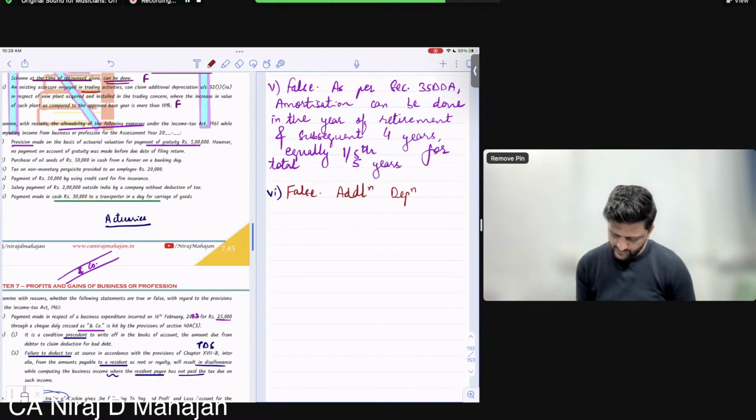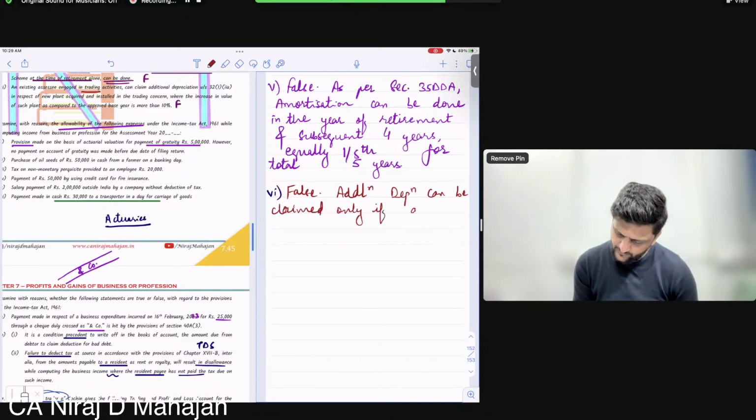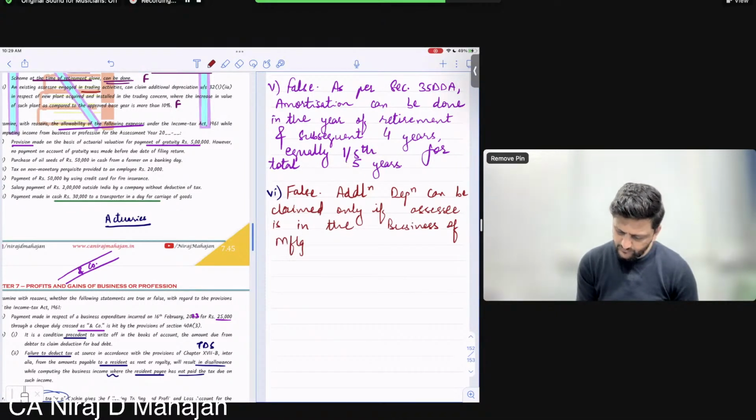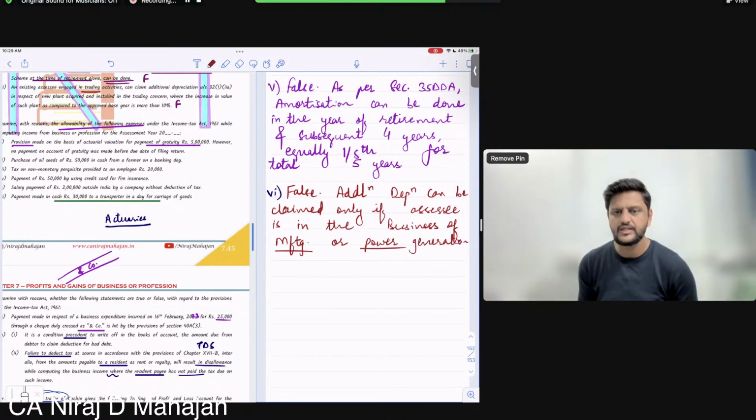Additional depreciation can be claimed only if the assessee is in the business of manufacturing or power, that is electricity generation. That's it.